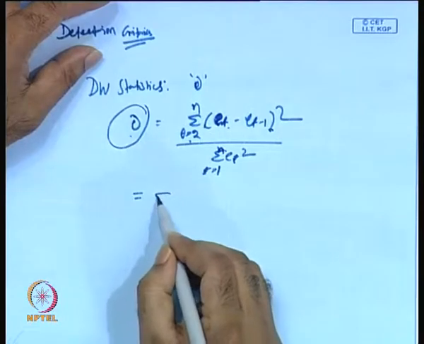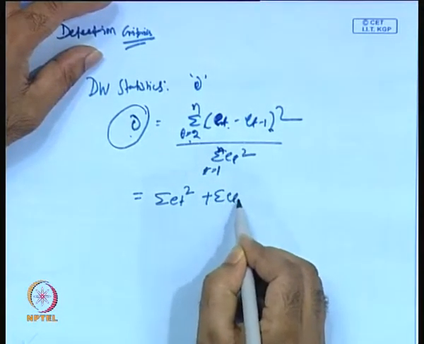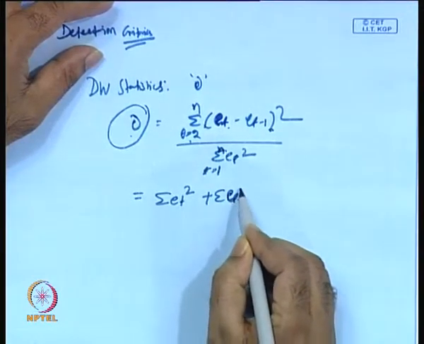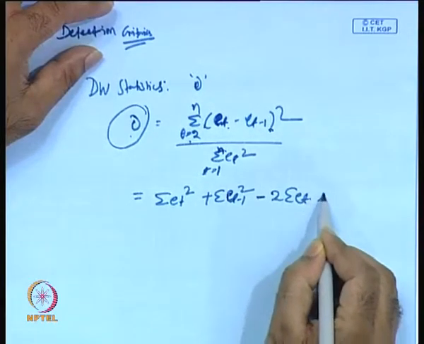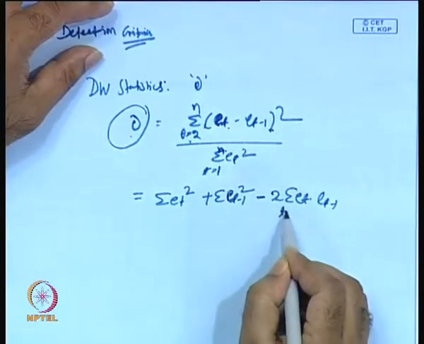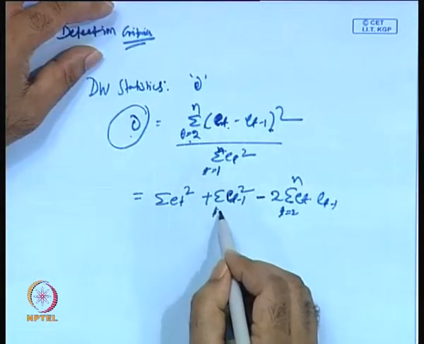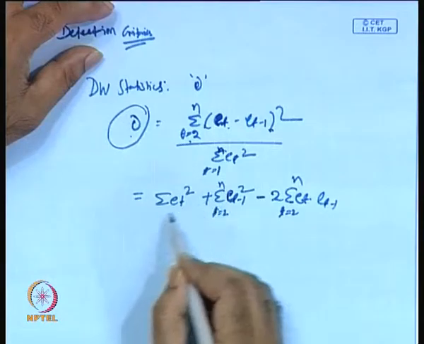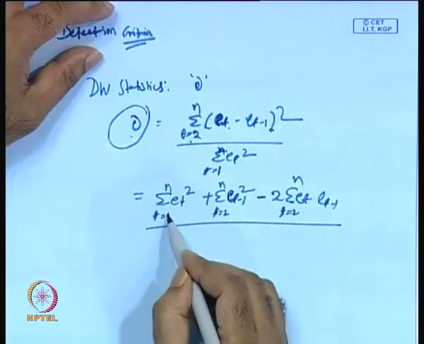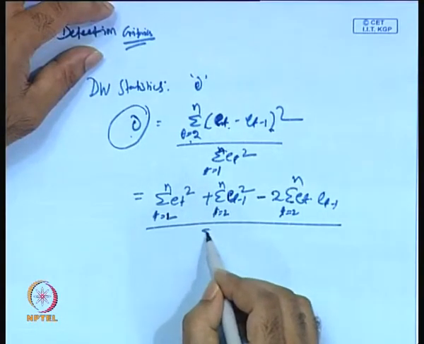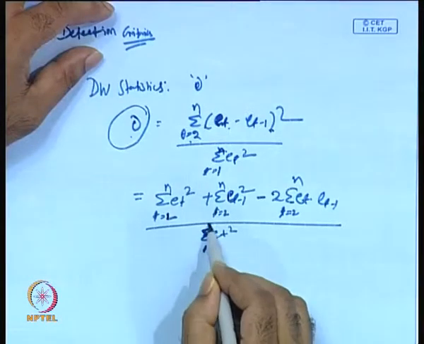If we simplify, it will be the summation of e_t squared plus the summation of e_{t-1} squared, minus 2 times the summation of e_t e_{t-1}, t equal to 2 to n, divided by the summation of e_t squared, t equal to 1 to n. This is how the simplification works.